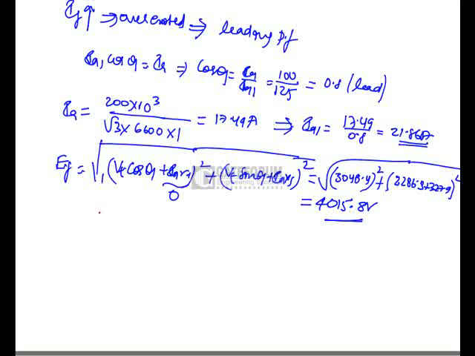Now keeping the field current constant, the power is decreased. We know that the per phase power, P by 3, is equal to EF into Vt by XS into sin delta 1.